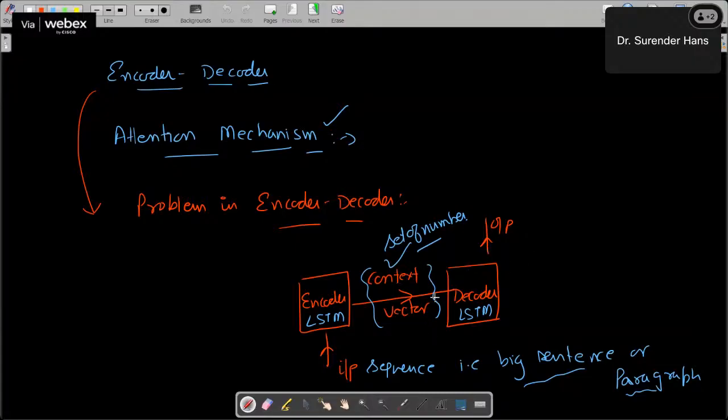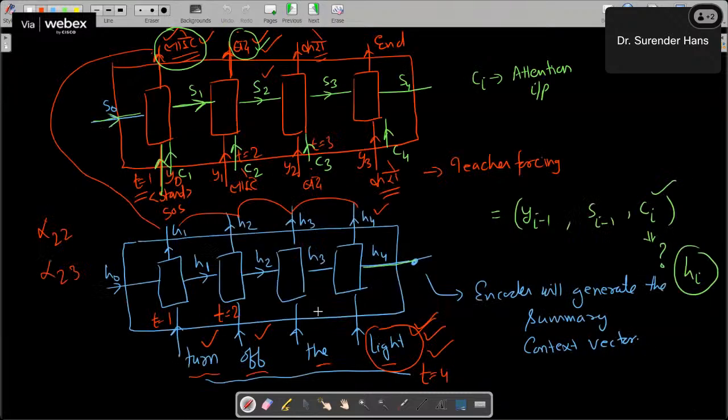This context vector we give as an input to the decoder, again an LSTM here, and the decoder will print the output step by step, at t equal to 1, t equal to 2, t equal to 3. So this is the encoder-decoder architecture. Here, this is the input sequence, "turn off the light", and H0, H1, H2, H3, H4 are the hidden states of the LSTM.